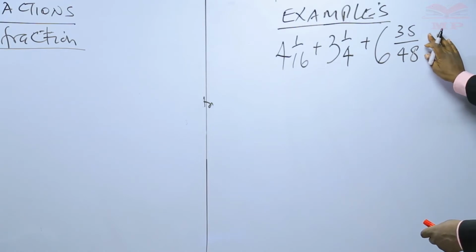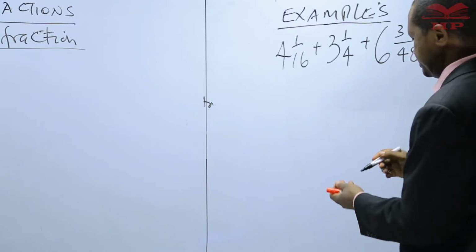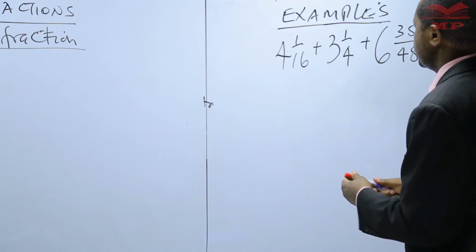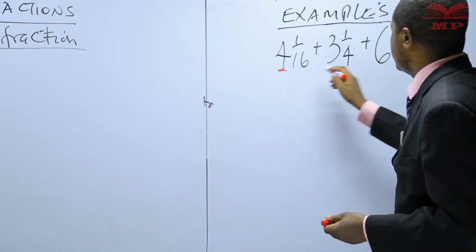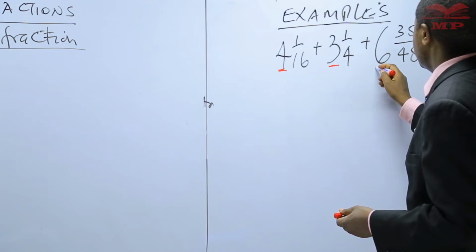So we add the whole numbers and the fractions separately. This is a whole number, this is a whole number, this is a whole number.